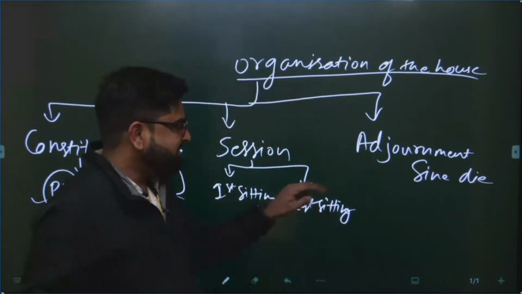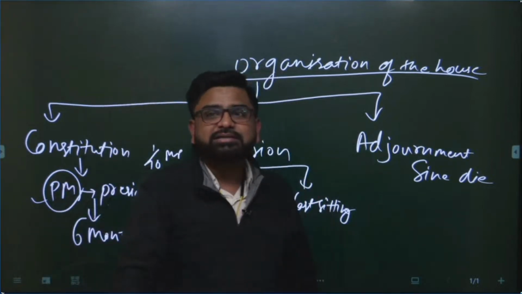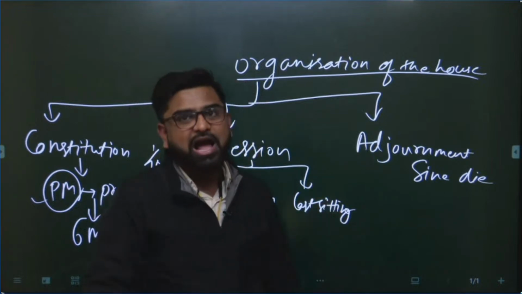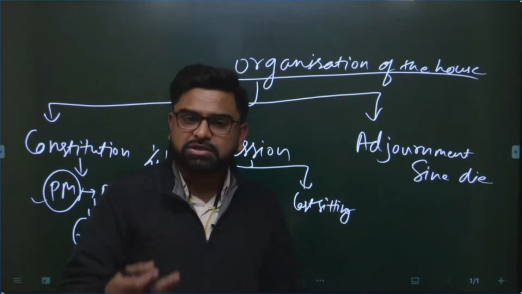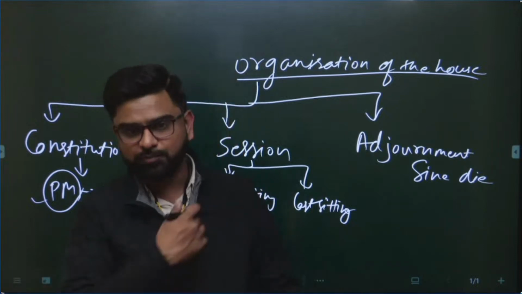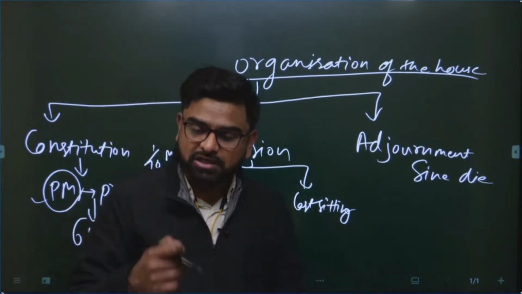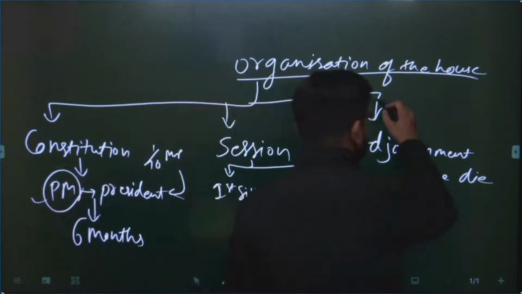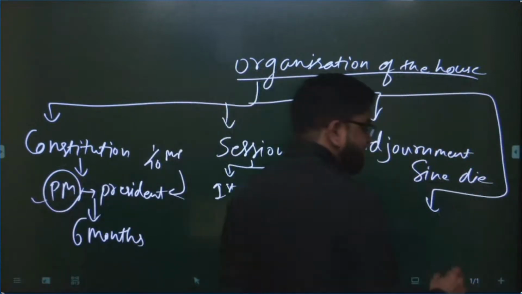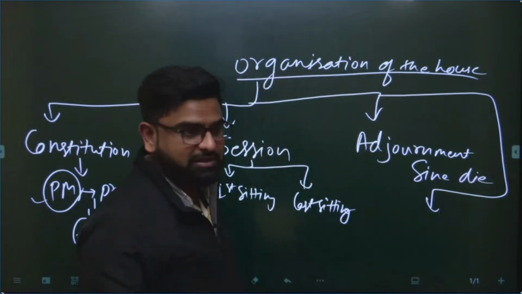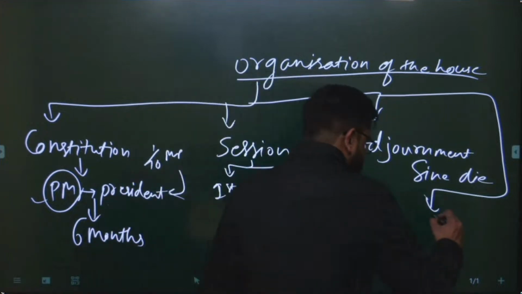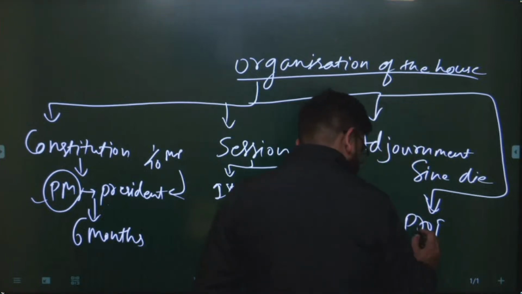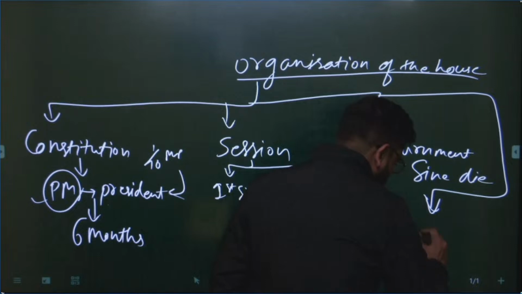Generally, sine die is not spoken. Sine die happens at the last sitting, after the speaker says the house is hereby adjourned, and goes back. So it will be assumed that the house has been adjourned without any date. Then what happens? That comes to the next part. Then the president will issue the notification of prorogation.